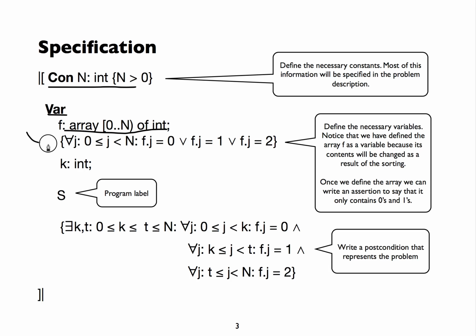One of the other things we can do is write an assertion about the contents of the array. We're guaranteed that the array contains zeros, ones and twos, so we can assert that by saying for all j greater than or equal to 0, less than n, so where j has an index range for the entire array, all those f.j's are either equal to 0, 1, or 2.